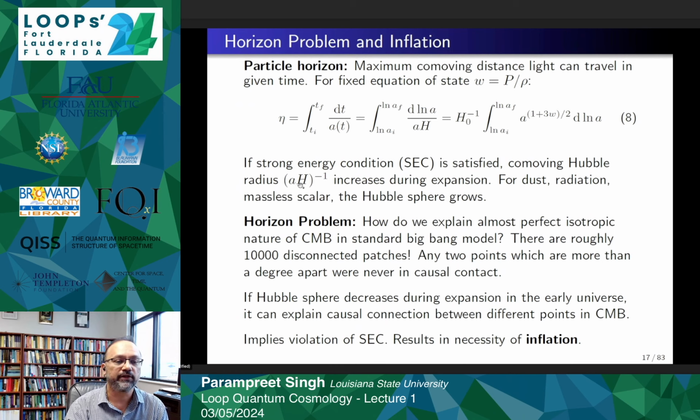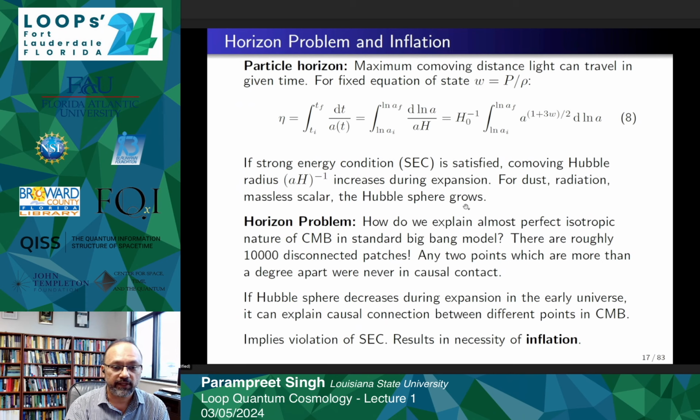Now, if the Hubble sphere grows, that immediately poses a problem for us: how do we explain the almost perfect isotropic nature of the CMB in a standard Big Bang model if the Hubble sphere is always growing? And this is essentially the horizon problem.